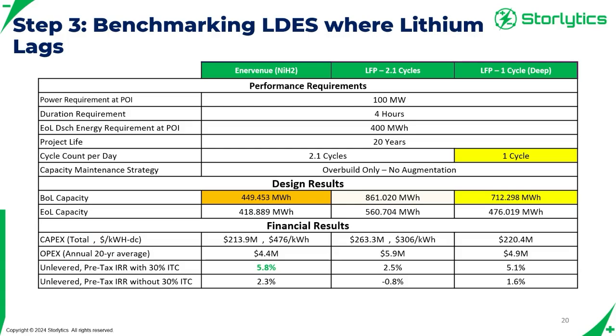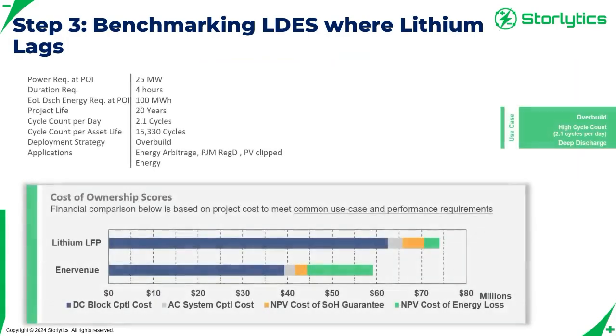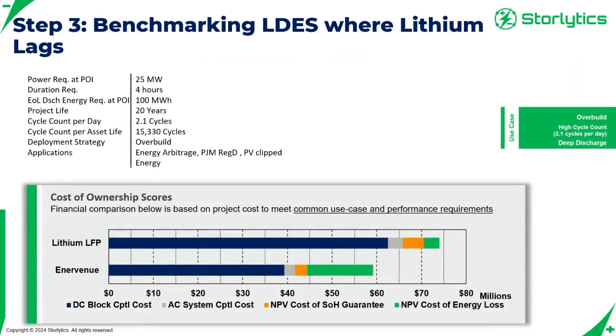But also take into account, in the numbers you've just seen, the other side, right? We talked about degradation, how Enervenue was advantageous because it degraded much less, it had a much higher cycle count. But on the flip side, its round-trip efficiency isn't as good as lithium.